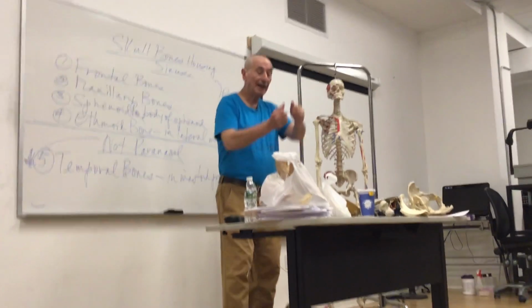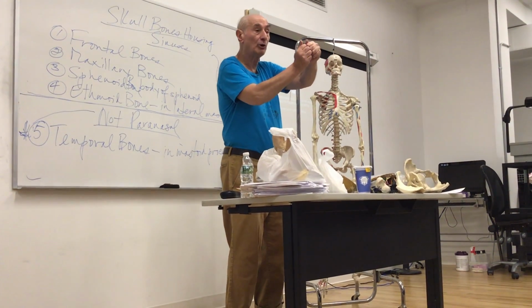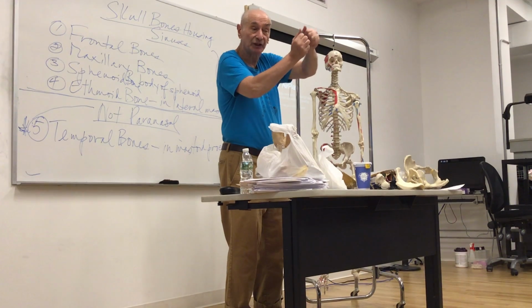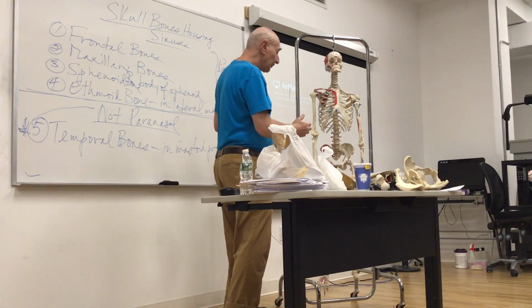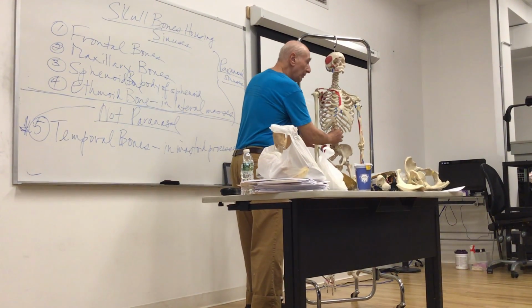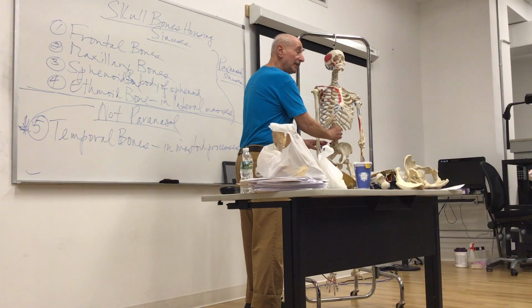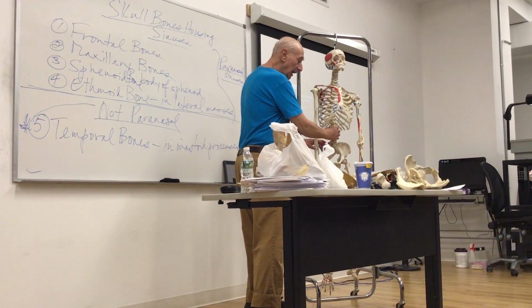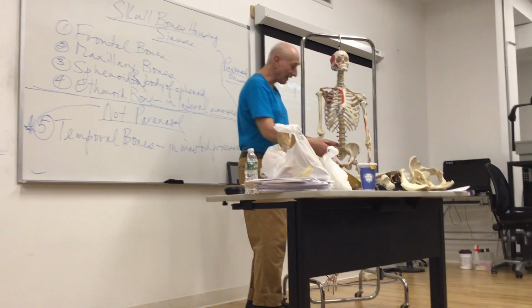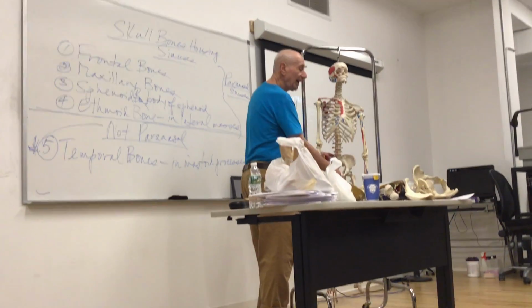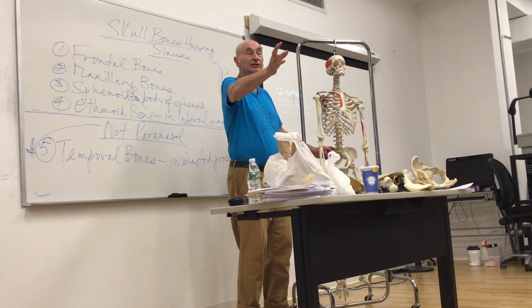Symphysis is when you have a disc of the stronger fibrocartilage. It's always in the form of a disc. So when there's fibrocartilage between the bones connecting them, it's called symphysis. On the test, they might ask, where do you find symphysis?